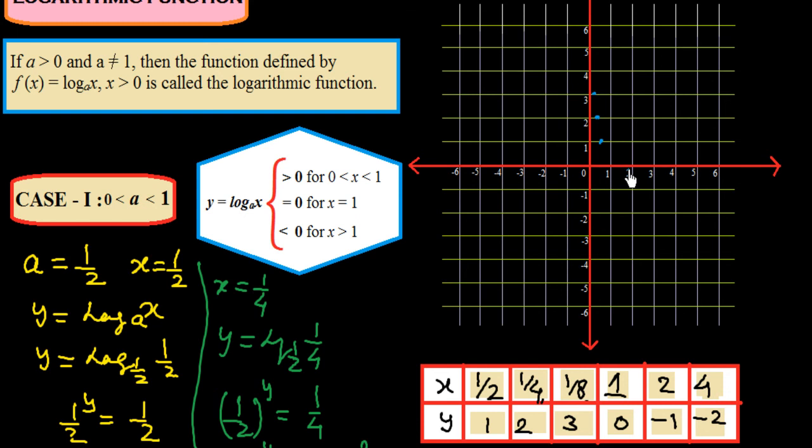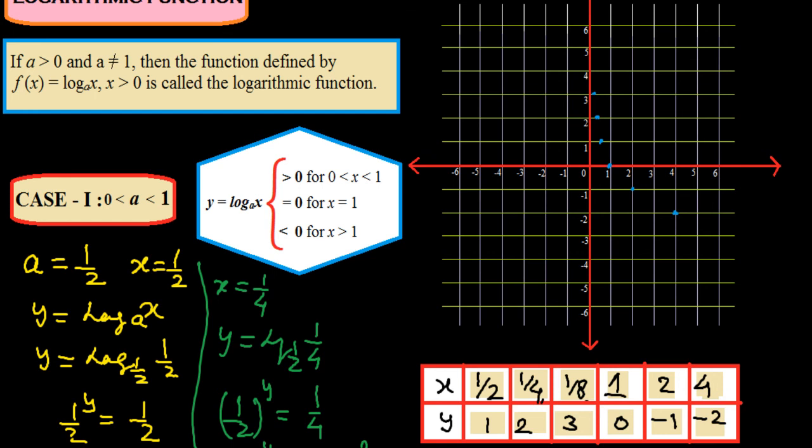In this way we get all these points. If x is 1, y is 0, the point would be here. If x is 2 and y is minus 1, we get it here. If x is 4, y is minus 2. So in this way we get the graph here.